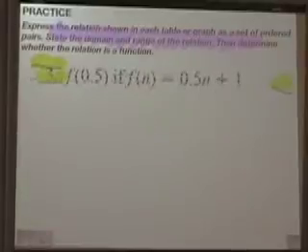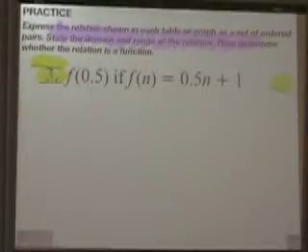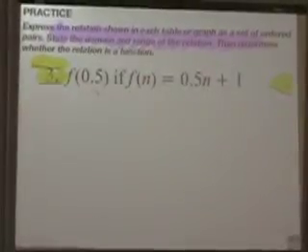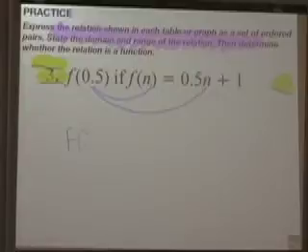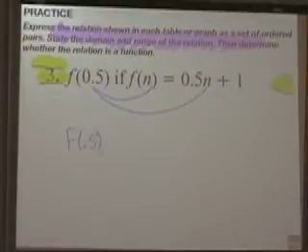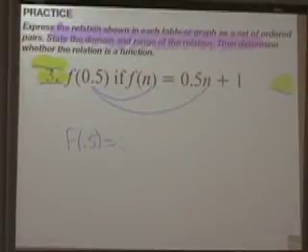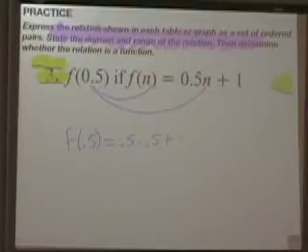So now let's try this one. F of 0.5. So everywhere there's an n, I've got to put 0.5. Okay? So I've got f of 0.5 equals 0.5 times 0.5 plus 1.